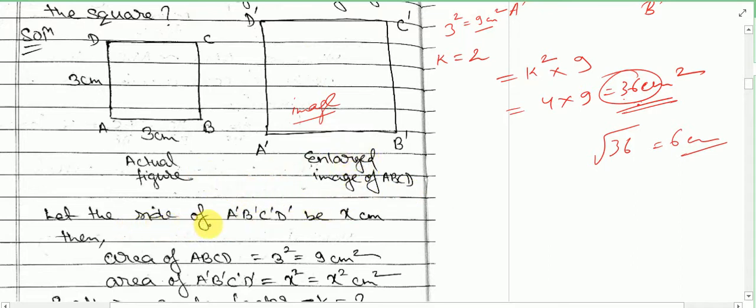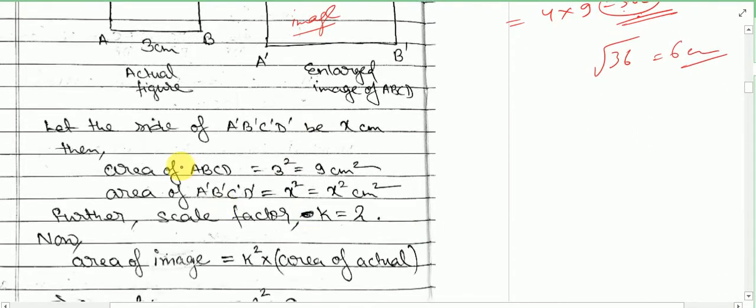Now let the side of A dash, B dash, C dash be x centimeter. Means I am considering this side to be x centimeter. Now see, area of the actual one is how much? 9 centimeter square, and area of this enlarged one will be x square centimeter square. And further scale factor is given to be how much? K is equal to 2.